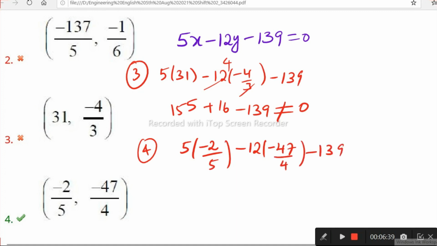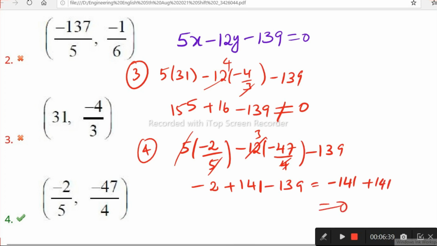The 5s cancel, the 4s cancel, giving minus 2 plus 141 minus 139, which is 0. So the fourth option is true.